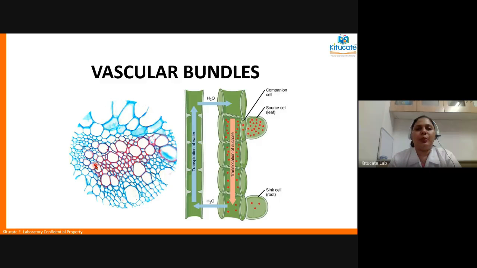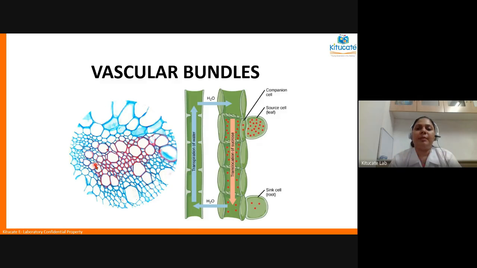Now we are going to study vascular bundles, and these vascular bundles are present in plants. Now plant is a very, very complex living thing. It is probably the only living thing which can make its own food. There are no other living creatures which can make their own food.